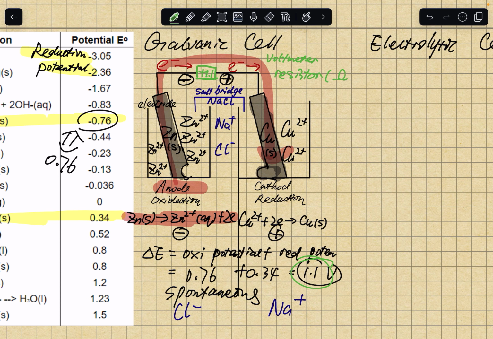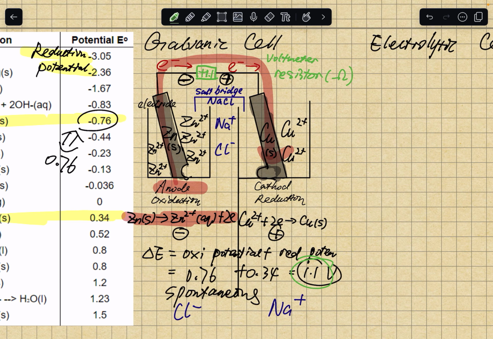And the unit for the resistor is ohm, okay? If you don't have this voltmeter in between, you have a light bulb, let's say. Because of this spontaneous flow of electron, we will light up the light bulb, right? The light bulb, even though it's being lit up because there's an electron flowing, can also be a resistor. It can cause some resistance of the electron flow, okay?